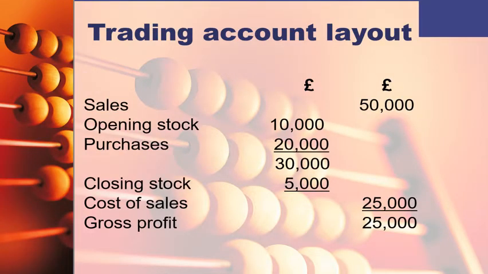For instance, given sales of 50,000, purchases 20,000, opening stock 10,000, we are going to get our opening stock plus the purchases, which is 30,000, minus the closing stock of 5,000. We remain with 25,000, which is the cost of sales, and then 50,000, which is our sales, minus the cost of sales. That's how we get our gross profit.